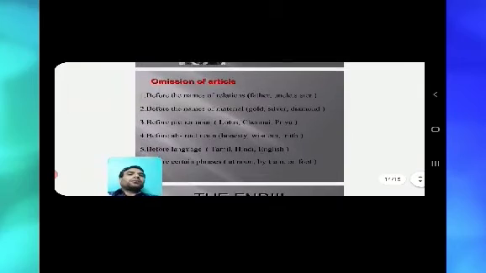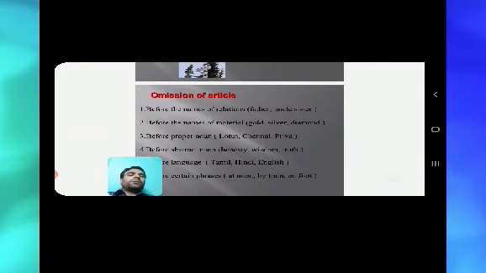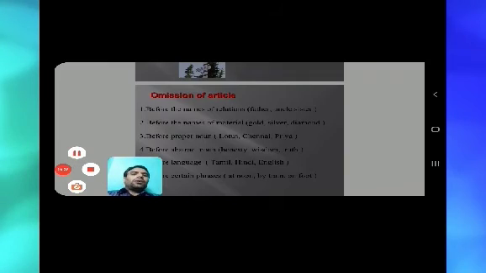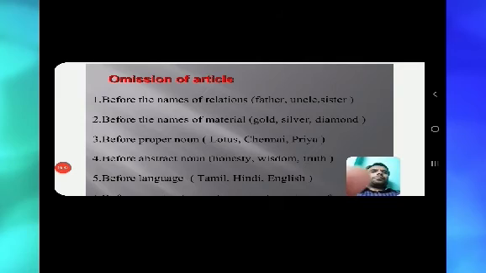Now let us take omission of articles. Omission means left out. Where should we omit articles? Before the names of relations like father, uncle, sister. We should not say the father, the uncle, the sister. Remember this.